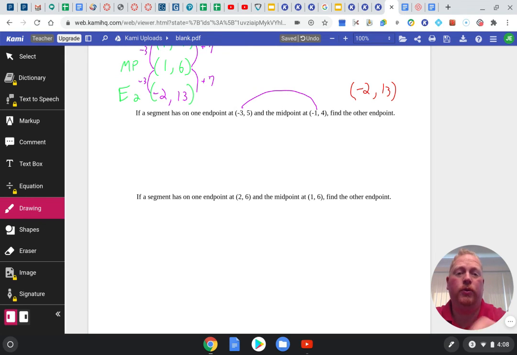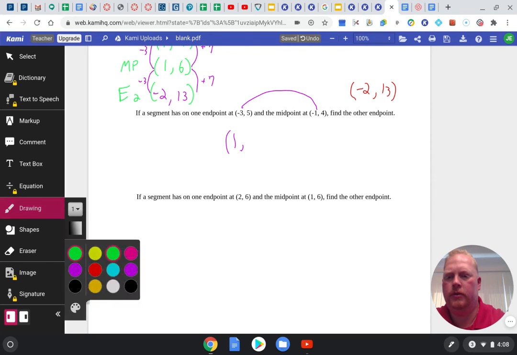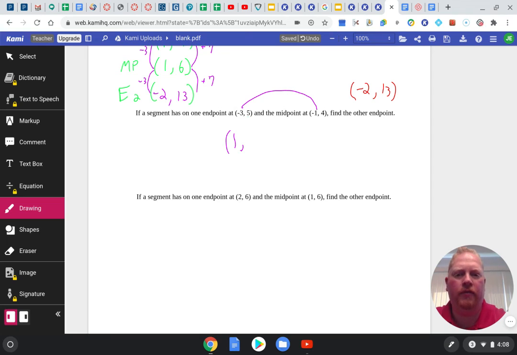So if I add 2 again, that gives me a positive 1. And how do I go from 5 to 4? I subtract 1. So let's subtract another one, and I get 3. So that's my endpoint, (1, 3).